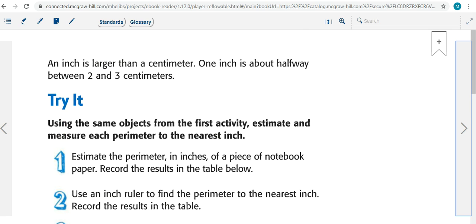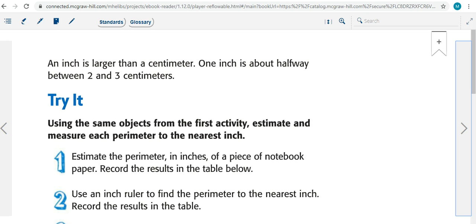Now, for this lesson, you guys are going to be using your ruler. If you have any ruler at home, please take it out. Remember that rulers have two sides. They have an inch side and a centimeter side.